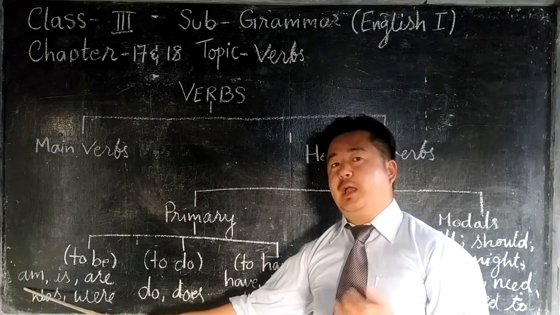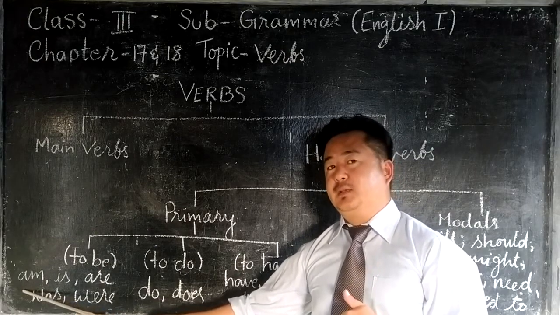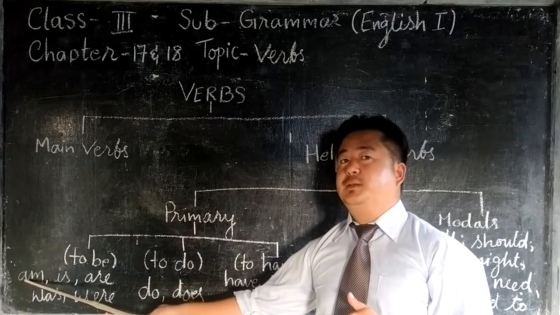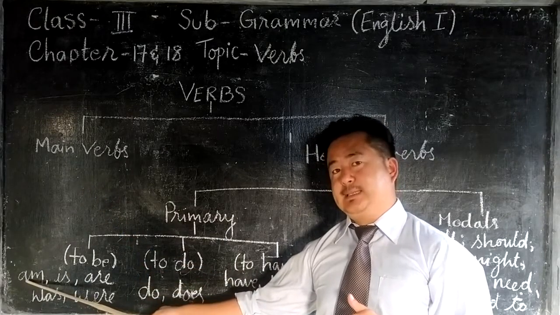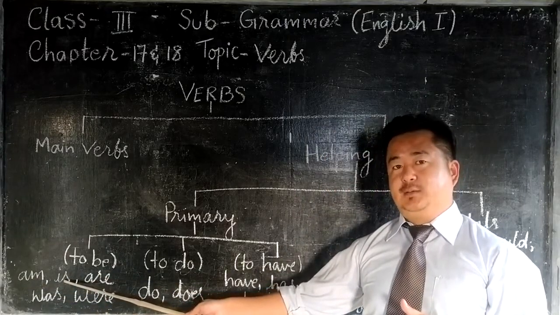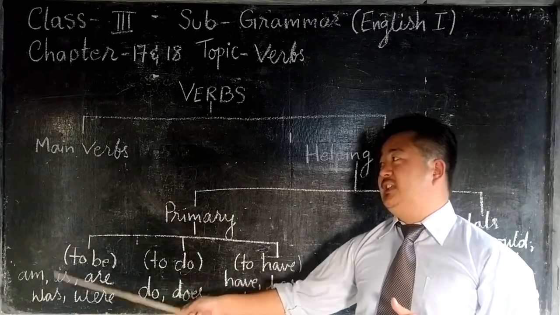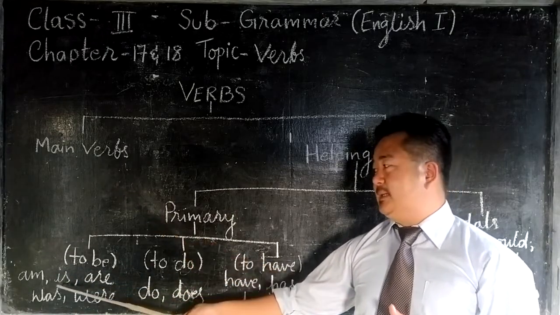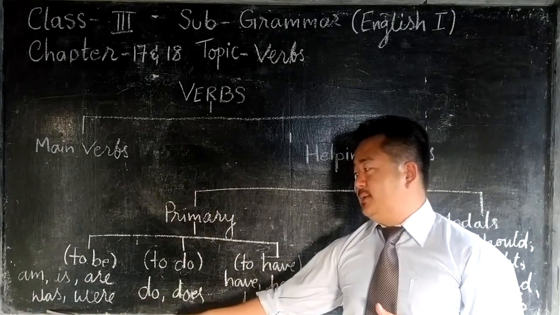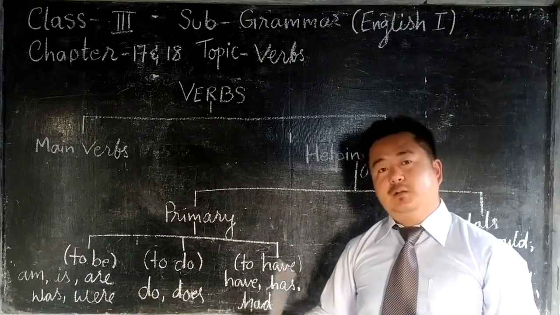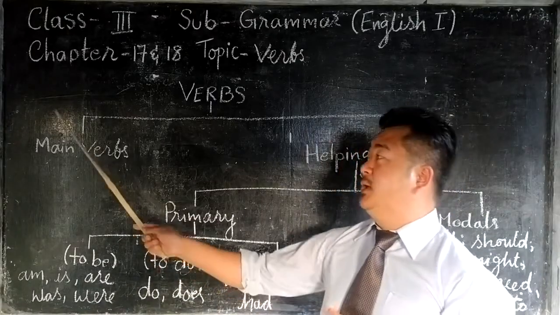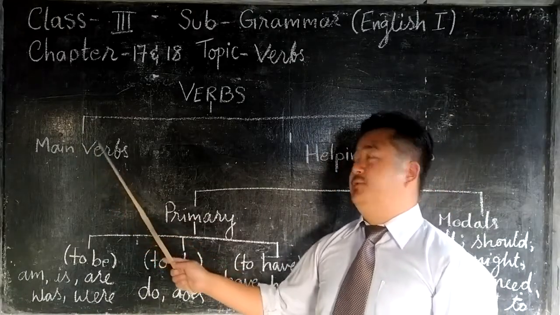I am dancing. Dancing becomes the main verb and am is a primary verb. She is eating. Eating becomes the main verb and is is a primary verb. Likewise, are, was, were. These are all primary verbs that support the main verb.